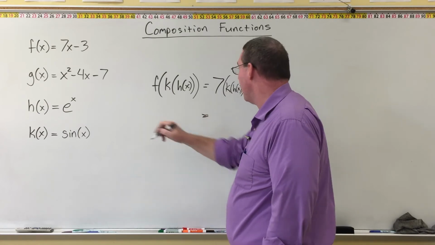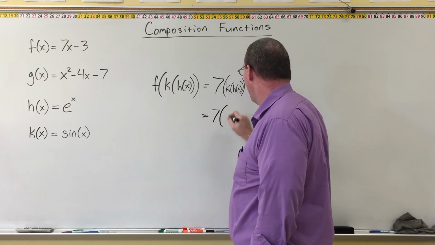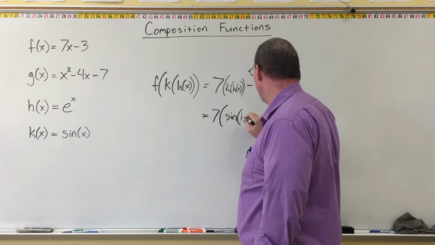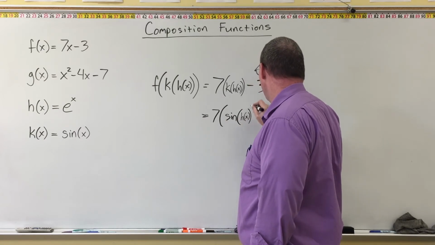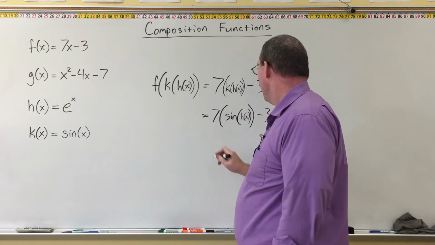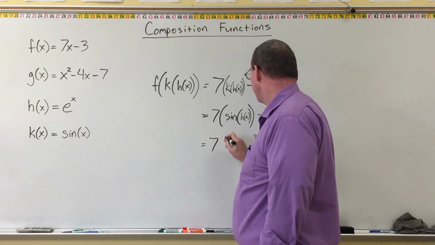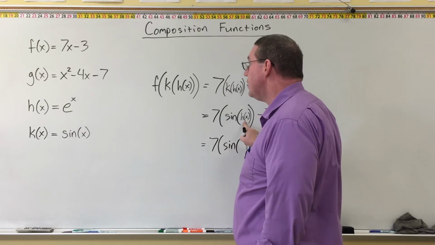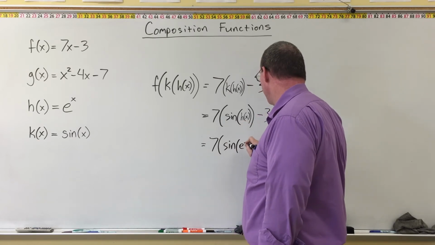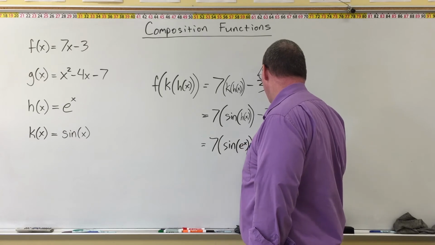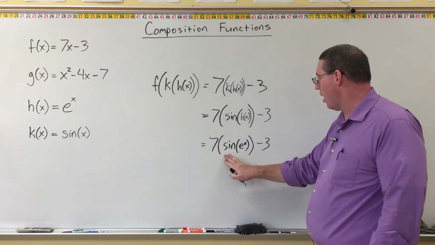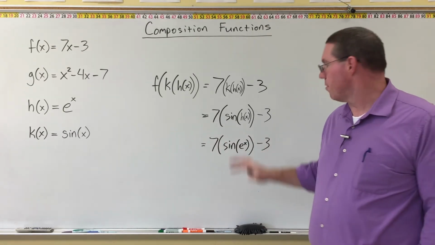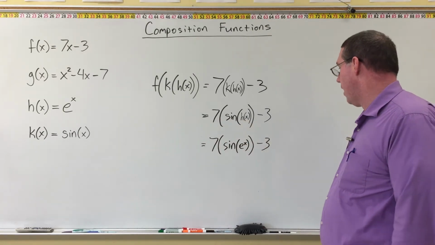Well, k is sine of x, so that's 7 times sine of, but instead of an x here, we're going to put h of x, minus 3. Well, what is h of x? That's e to the x power. We'll just put e to the x power here, and then minus 3. So it's 7 times sine of e to the x power, quantity, minus 3. This is f of k of h of x.